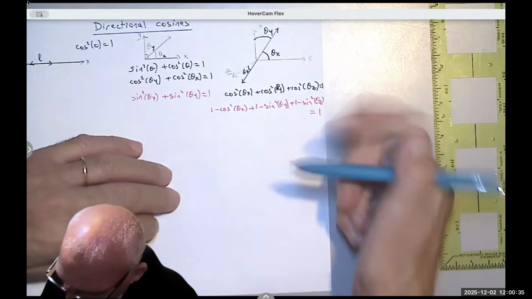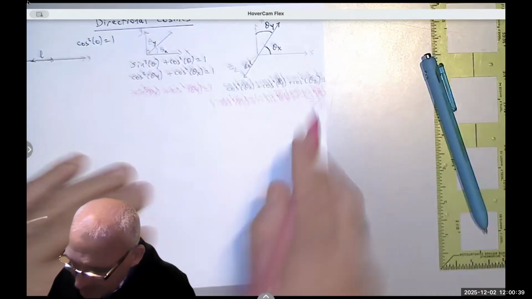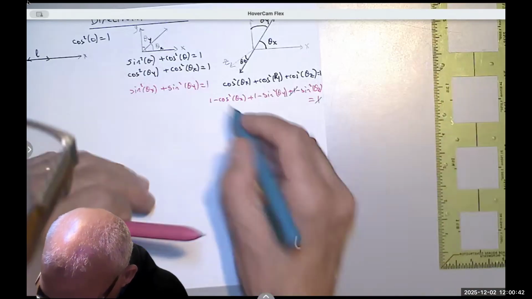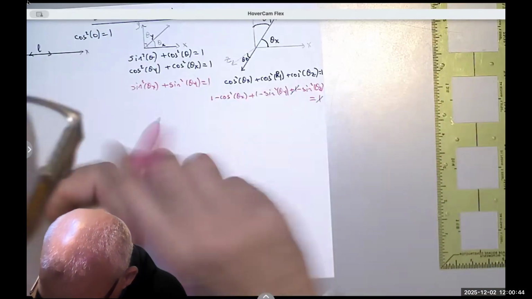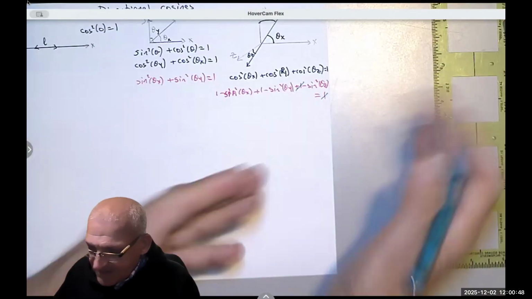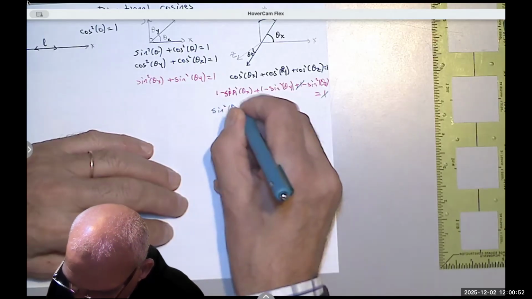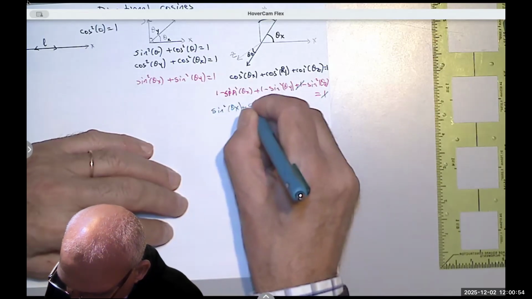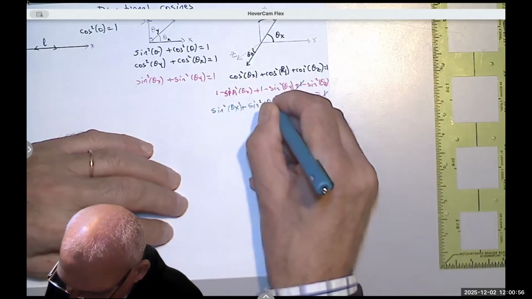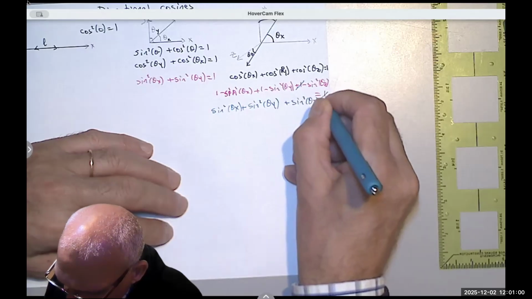I'm going to cancel 1 with 1. I'm sorry, this is sine. I'm going to move the signs to the other side, so I get sine square theta x plus sine square theta y plus sine square theta z equals 2.